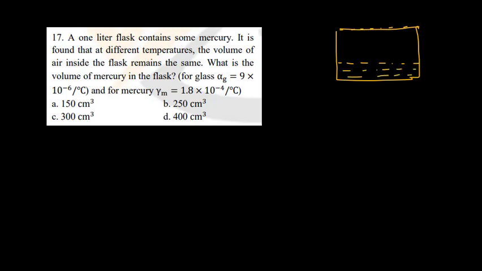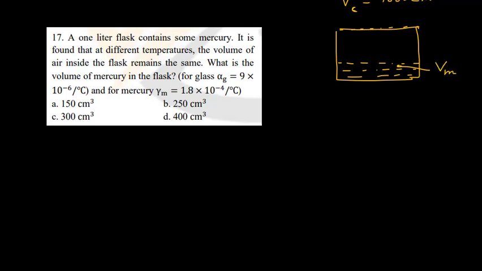So 1 liter flask contain 1 liter means its volume, initial volume V0 of a container is V0 of container, VC we will say, VC. It is 1 liter means 1000 centimeter cube. Okay, so 1000 centimeter cube is volume of container, and for mercury let us say this is Vm.